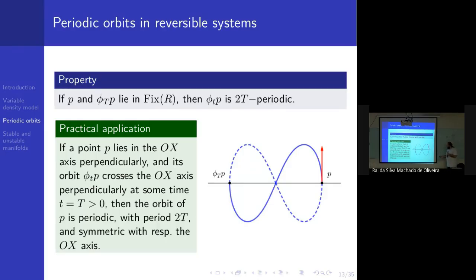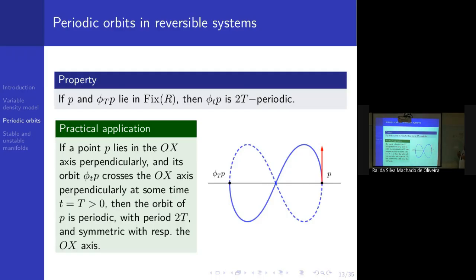What does it mean? We have a symmetric point here, and we start integrating, and the trajectory crosses the symmetry axis again. Then we have a periodic orbit that does the symmetric of the trajectory you did.